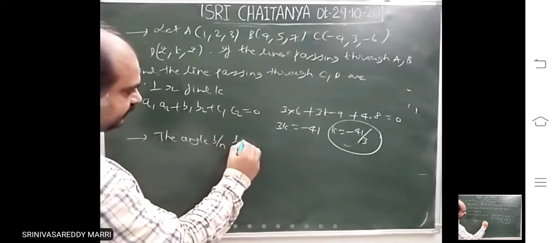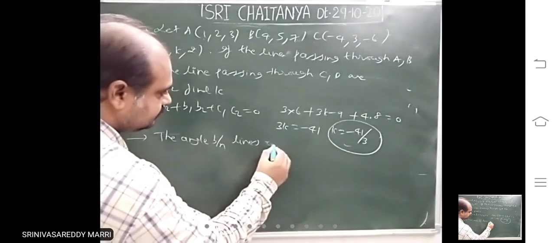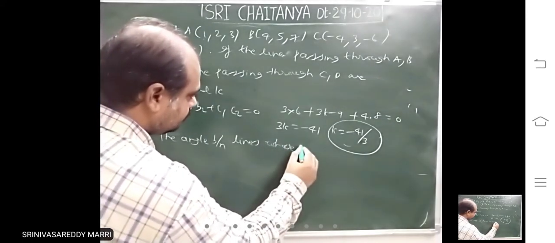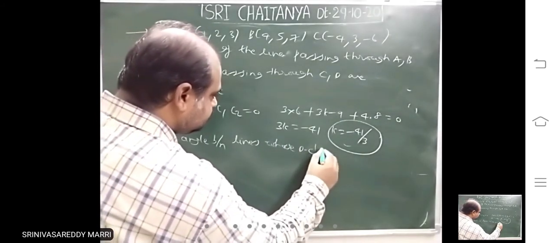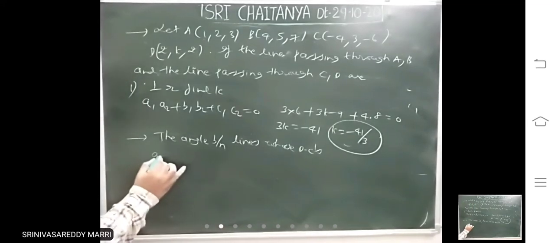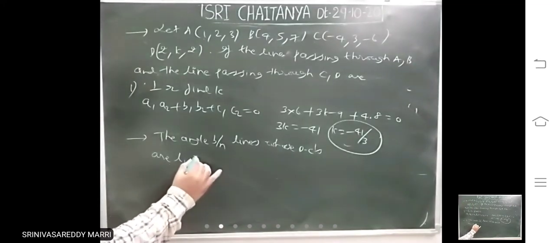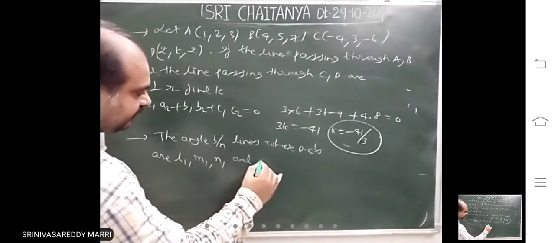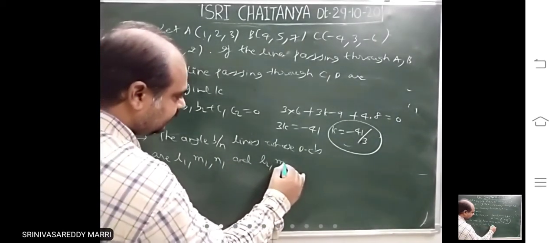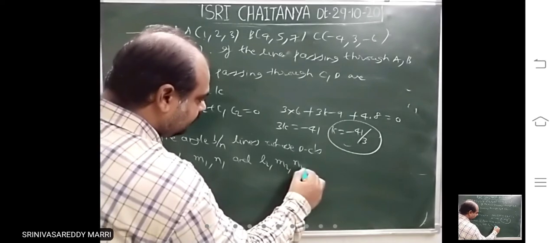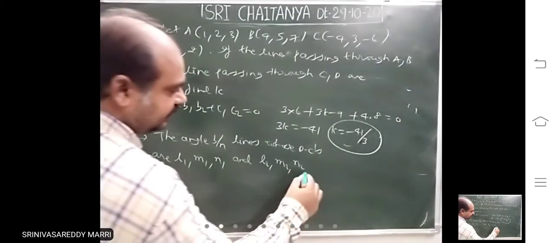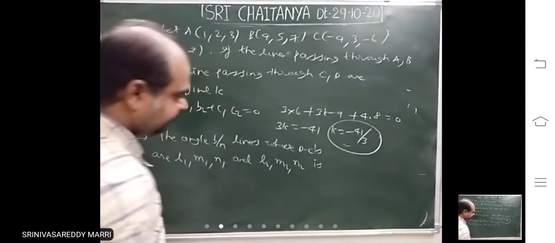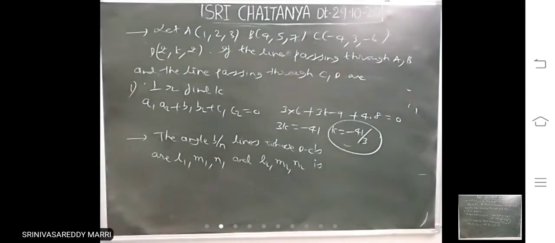The angle between lines whose DCs are L1, M1, N1 for one line and L2, M2, N2 for another line.